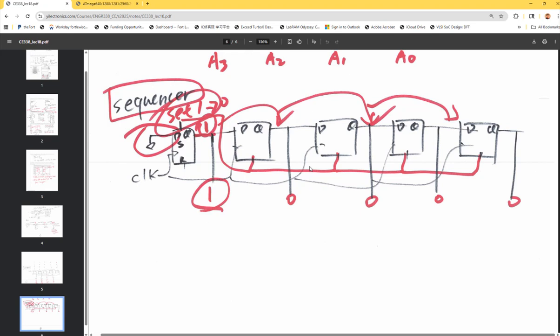So the first time it sets it, we get a 1, and next time we don't set it, we release these setting pins, setting and resetting pins. So these become D flip-flops. So it starts pumping these ones to the next stage, and then the first one will receive a 0 after it, and that 0 will ripple through all the stages after that.